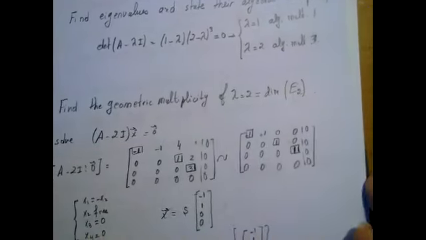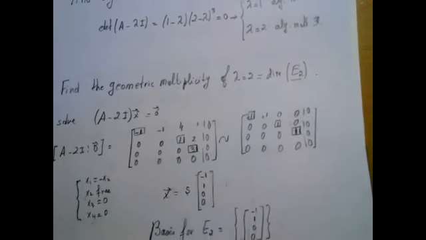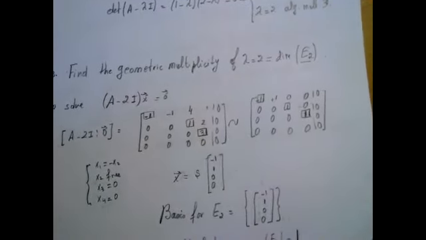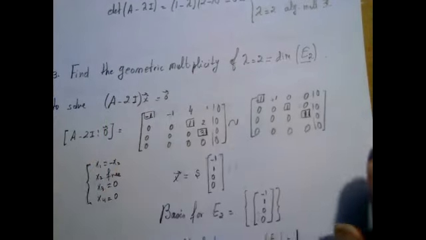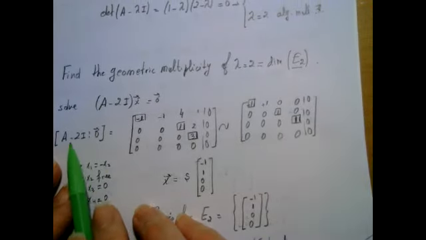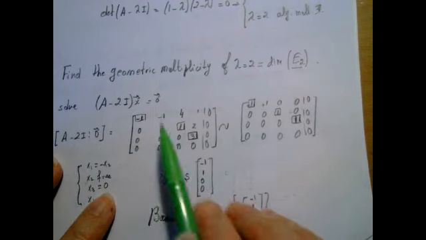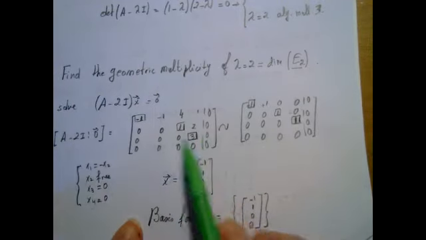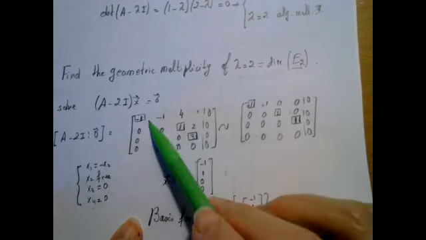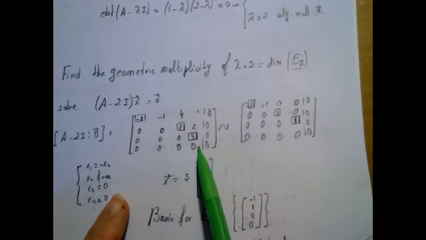So we have to find the eigenspace. Then we have to solve A minus 2I times x equal to 0. We set up the homogeneous system and we solve. We solve A minus 2I, so we get this matrix.